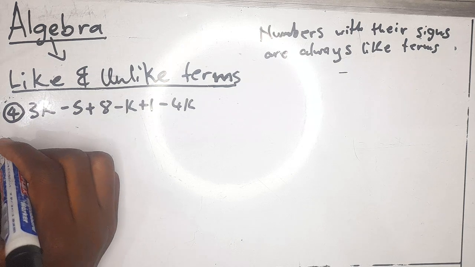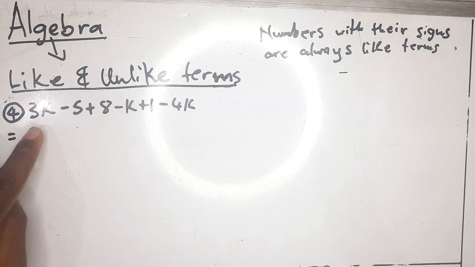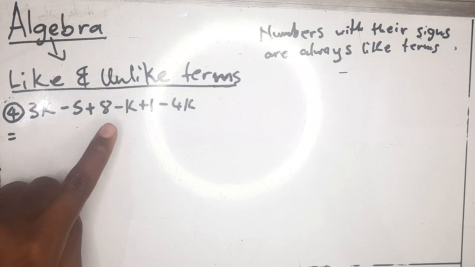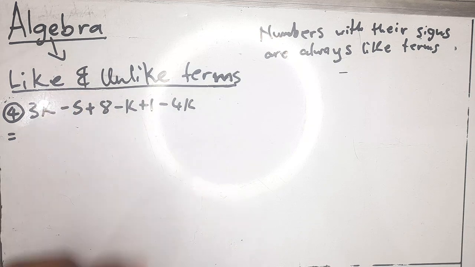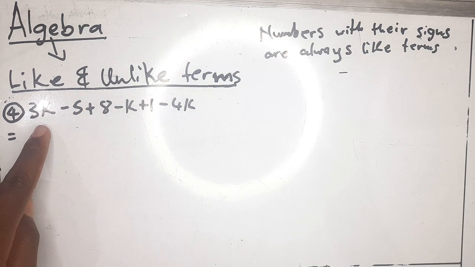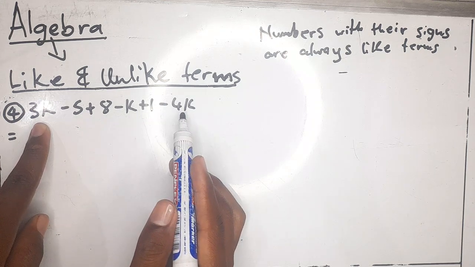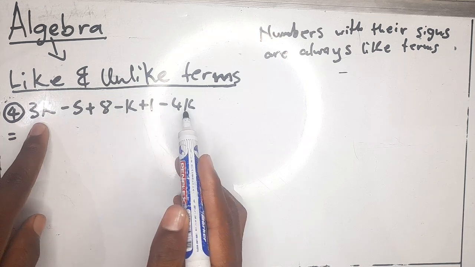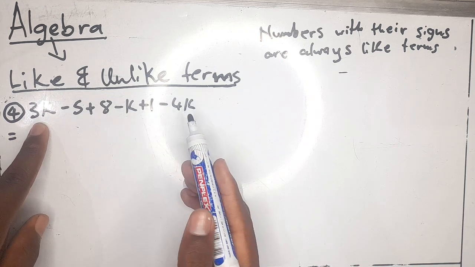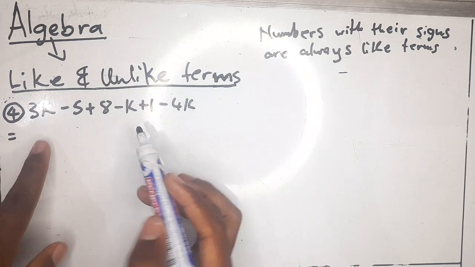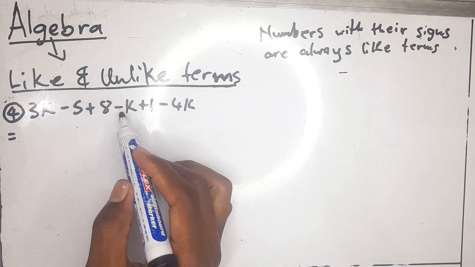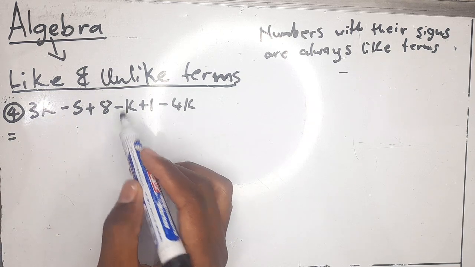Okay, back to answering. So we have 3k minus 5 plus 8 minus k plus 1 minus 4k. Like terms: there's 3k. Any term that ends with a k? Yes, this one and that one. So these 3 terms are like terms. If they're like terms, focus on their coefficients. The coefficient here is minus 1.